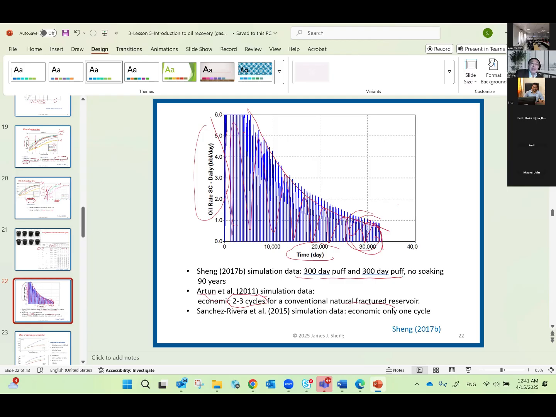Another paper talks about only 1 cycle: the first cycle is economic, and after that it is not. Different models show different results, but in my model I just show the phenomenon without an economic analysis. Their economic analyses show only 1, or 2 to 3. So the conclusion is that the number of economic cycles must be very low.